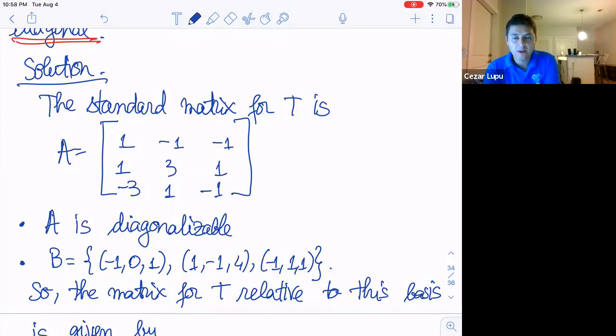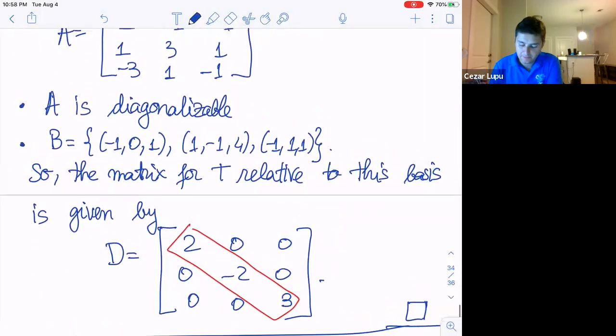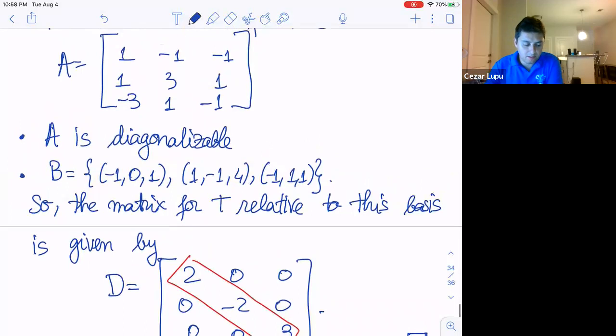So the matrix for T relative to this basis is given by this D, which will be this diagonal matrix, and the elements on the main diagonal are given by 2, -2, and 3. And that's it. We have seen previously that this 3 by 3 matrix is diagonalizable, so we know this from a previous example.